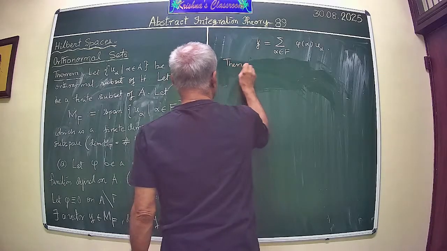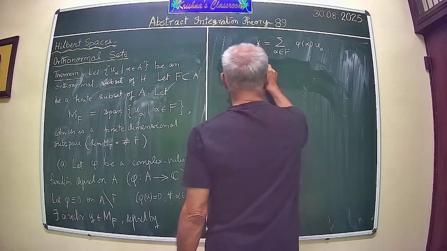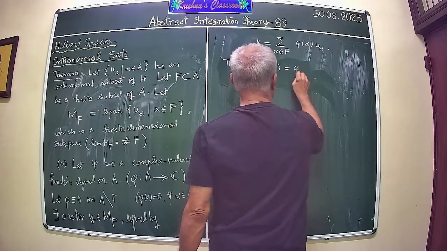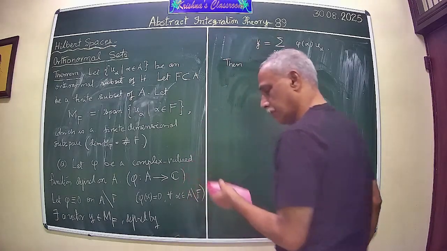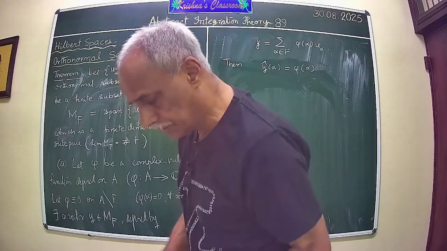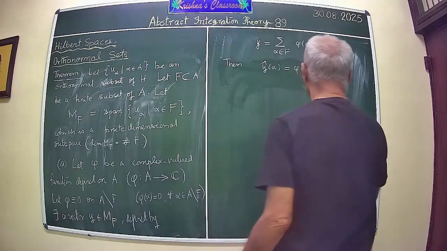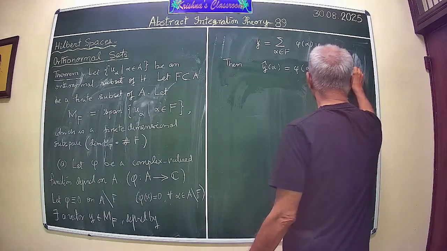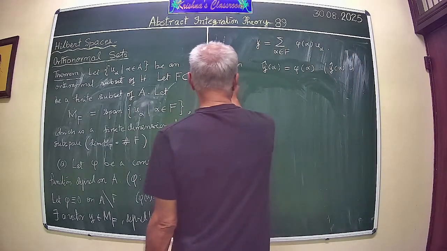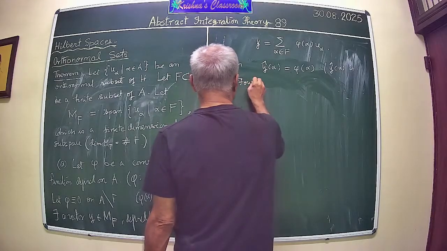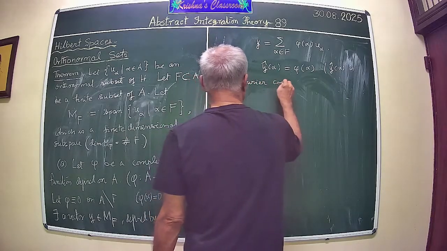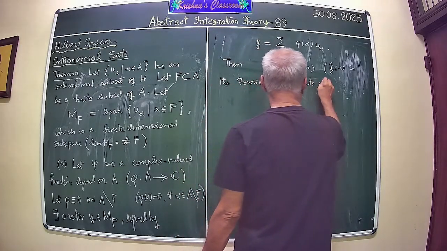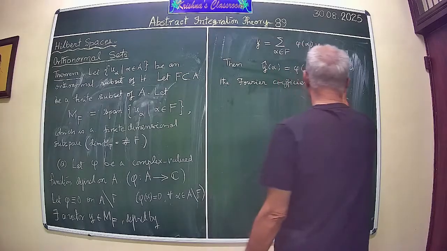Then y hat alpha equals phi alpha, where y hat alpha is the Fourier coefficients of y.